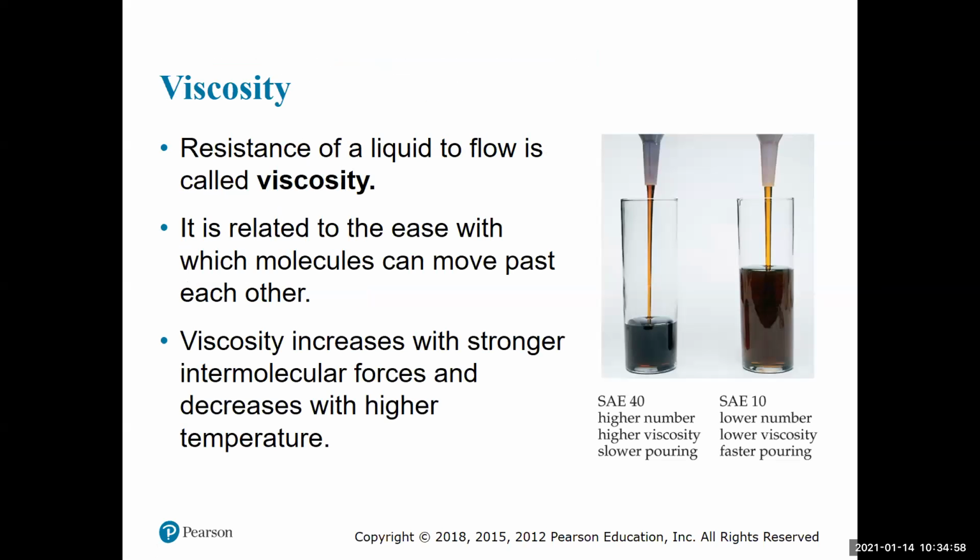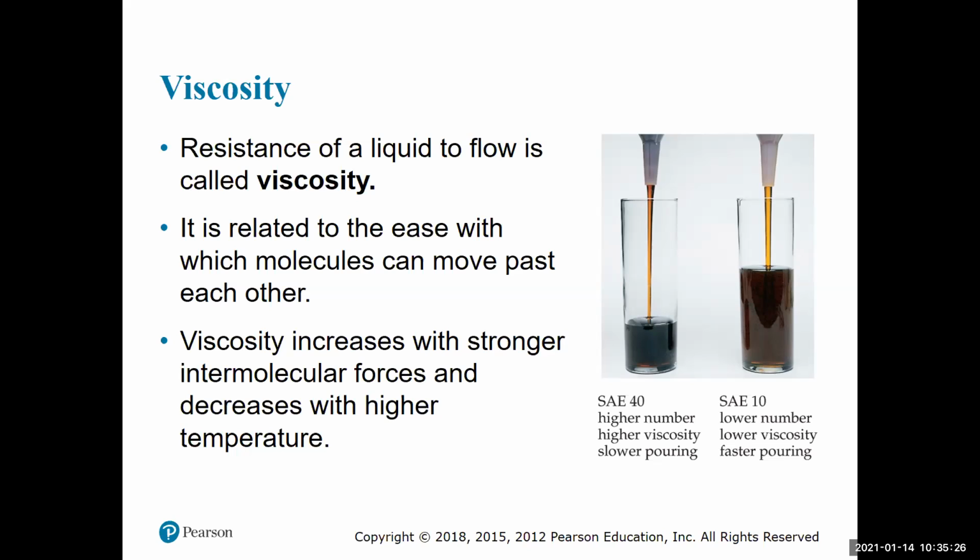So viscosity. Viscosity is defined as the resistance of a liquid to flow. Basically, it's how thick something is. If you're pouring it and it takes a while for it to come out or moves slowly, then it's a viscous liquid. One area where you see viscosity numbers reported a lot is in motor oil.